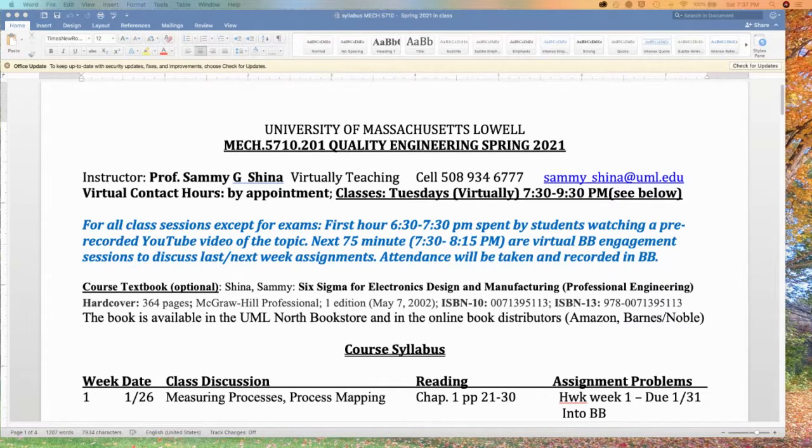The next person that came out in that chain was Deming. Deming was a disciple of Shewhart. He came up with the idea of the cycle of quality, and we'll have a lecture on that later in this semester.